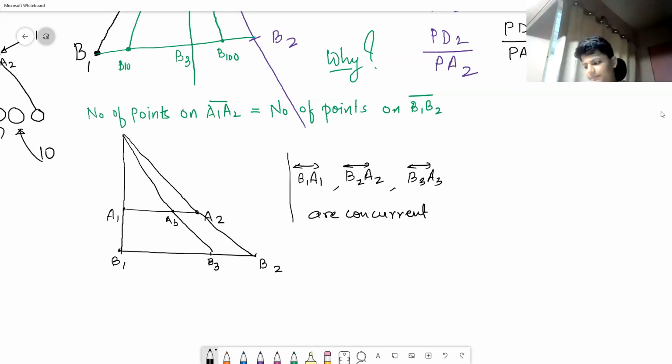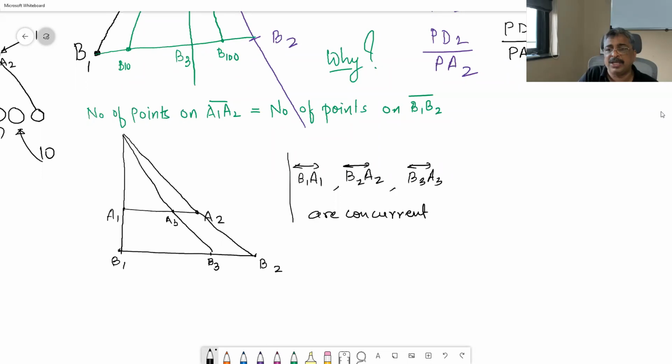But whatever we are discussing right now is available if and only if we have a point P. If we have A1, and if we have the ratio PA1 upon PB1, we can find out B1.